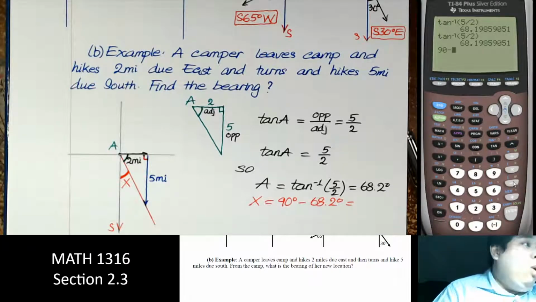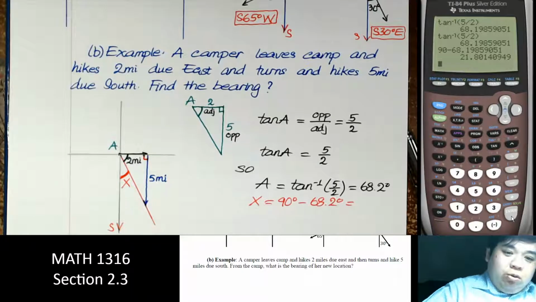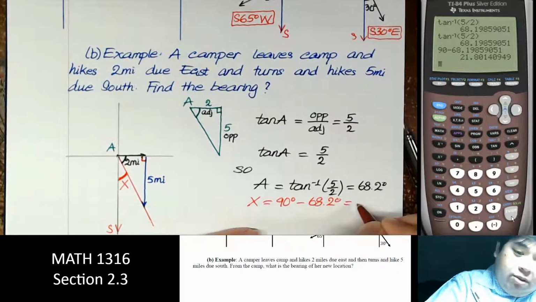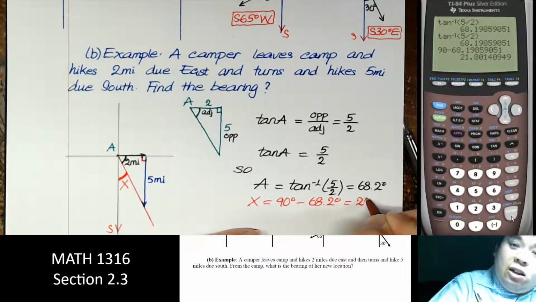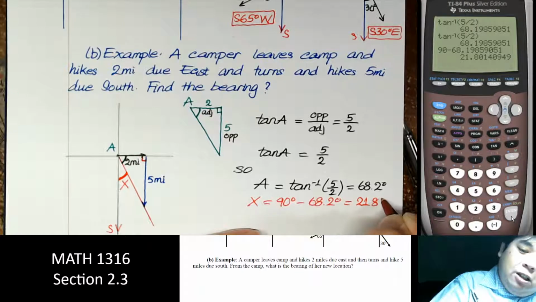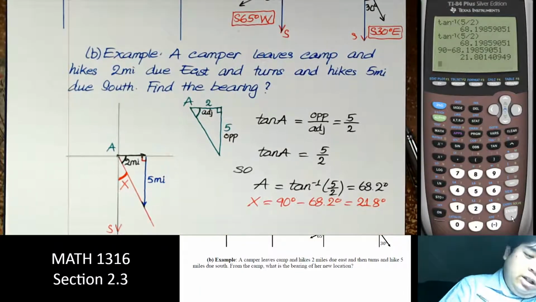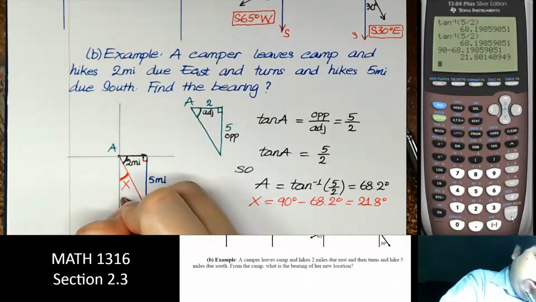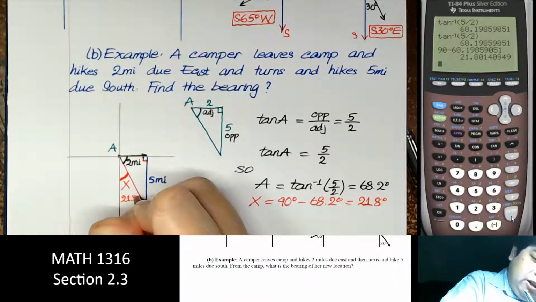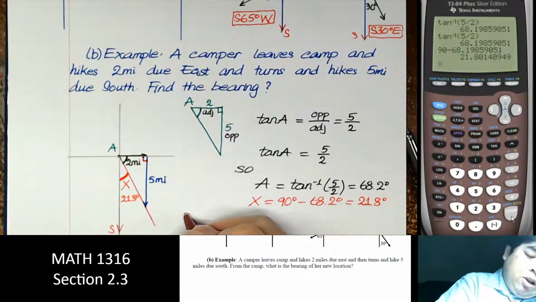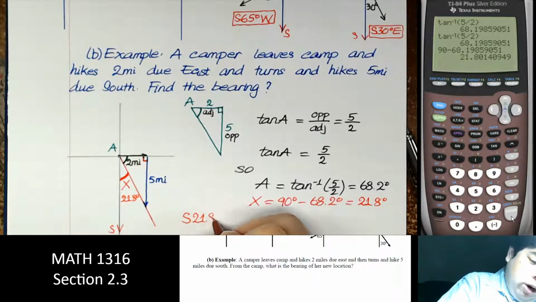If we want to subtract, I will go up, highlight the numbers, hit enter, just copy and paste. So always work with the full number. Do not round off until the very end. I have 21.8 degrees. So in this case, I will have 21.8 degrees here. So the bearing is from the south, 21.8 degrees, on the east side.